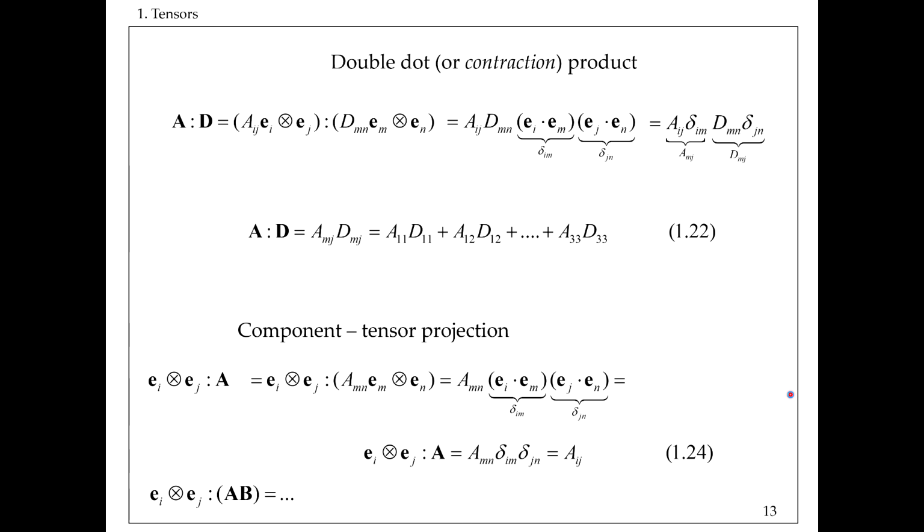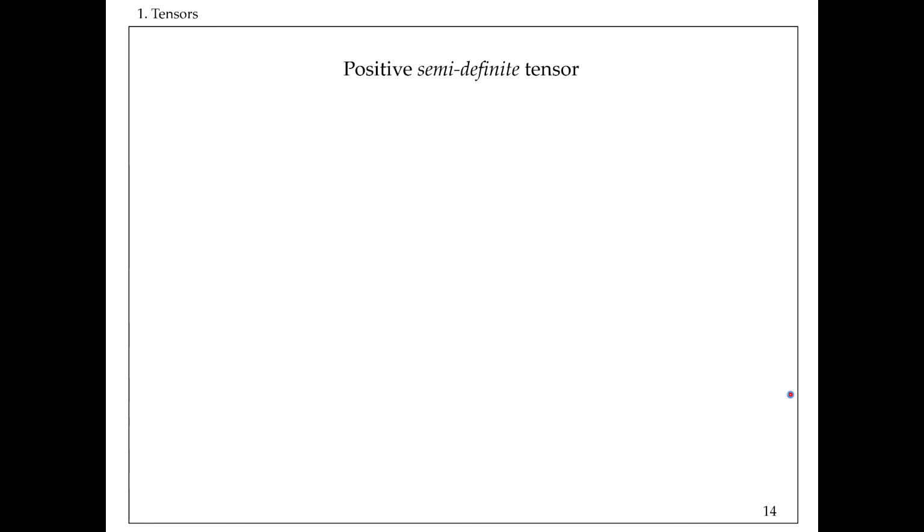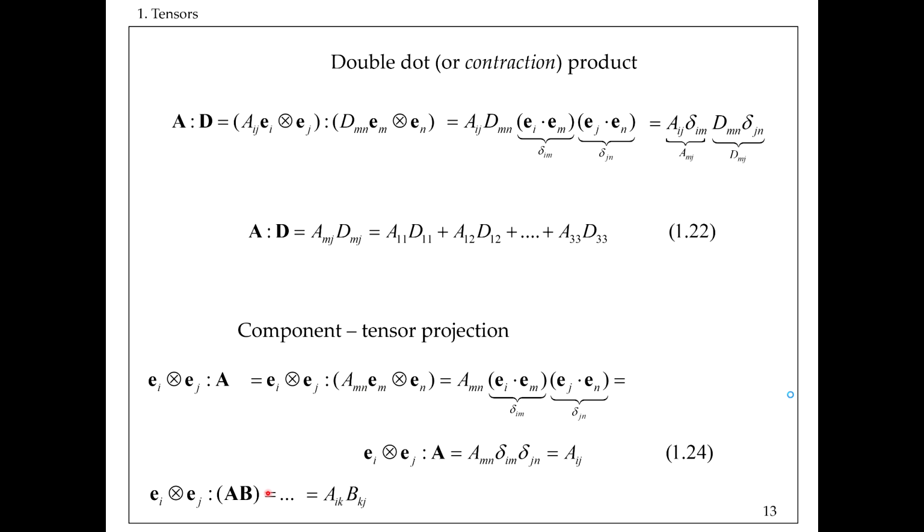Before we go to the next topic, there is one more example. Of course, we can also calculate the projection of AB, a new second order tensor that is a result of a multiplication of two second order tensors AB.